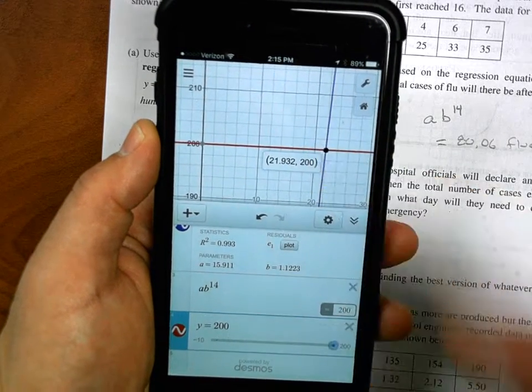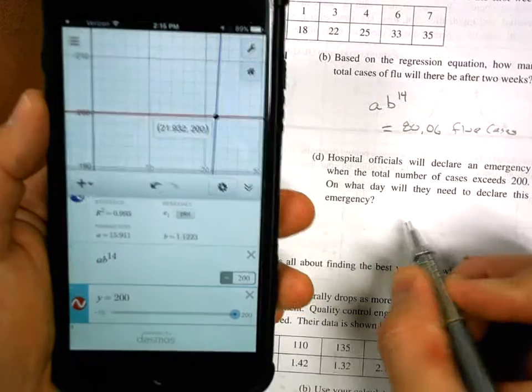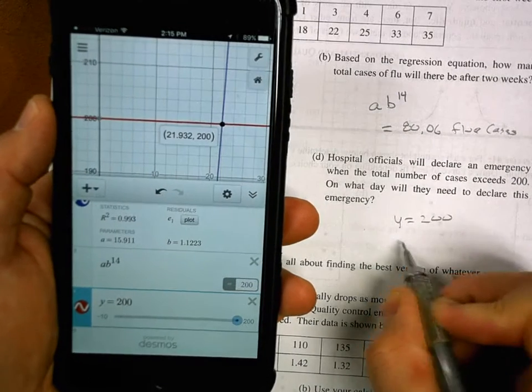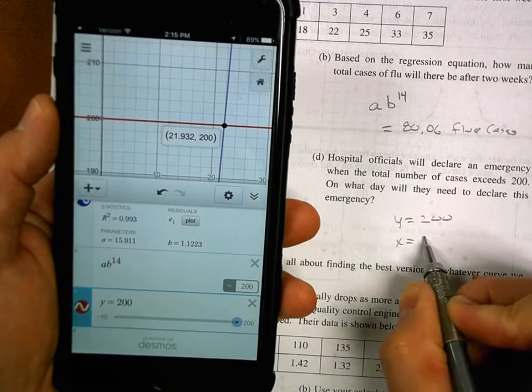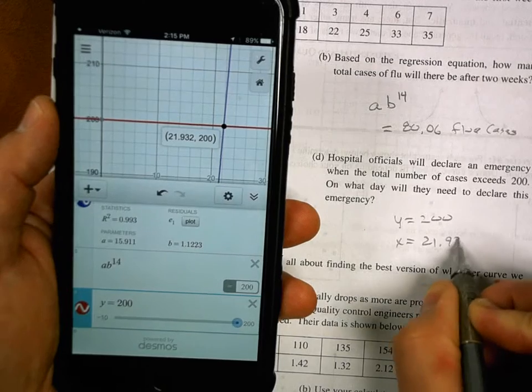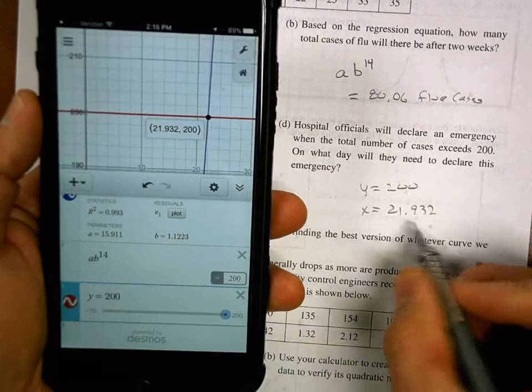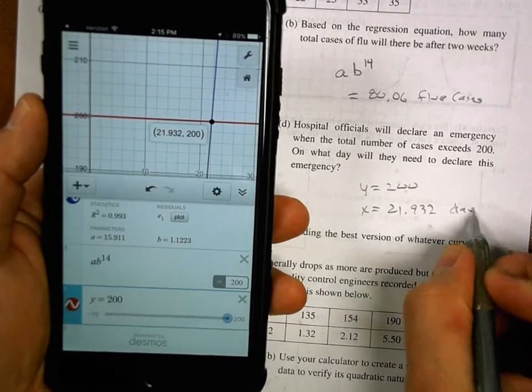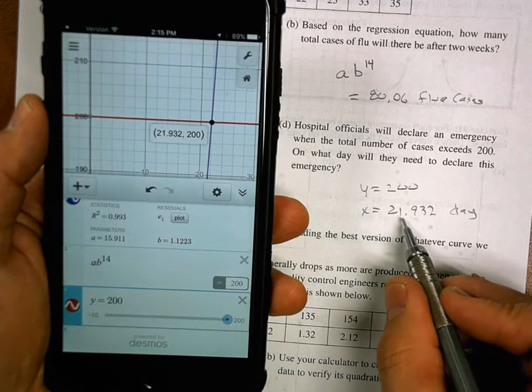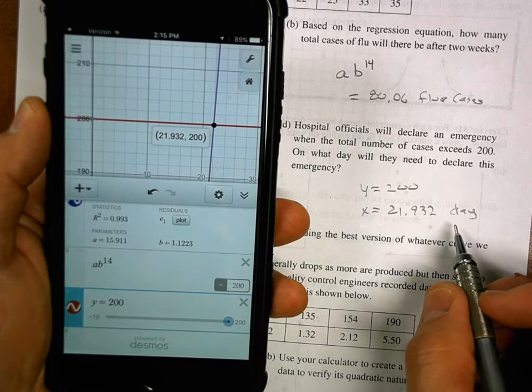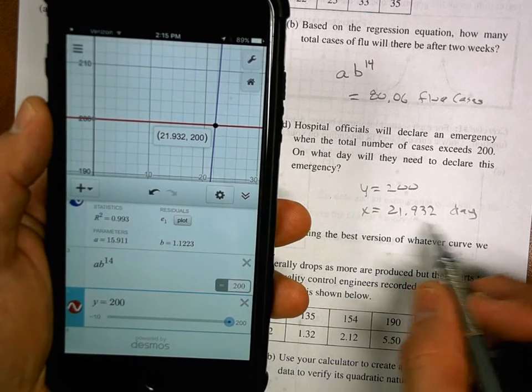There we go. So if y is equal to 200, x equals 21.932 days. So after 21, almost 22 days, you're in the 22nd day.